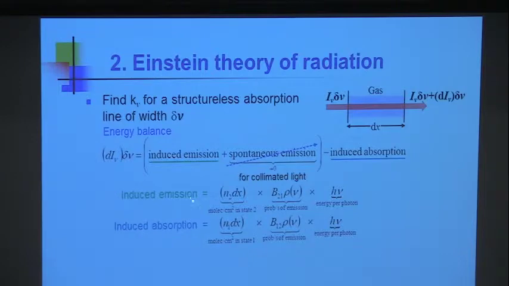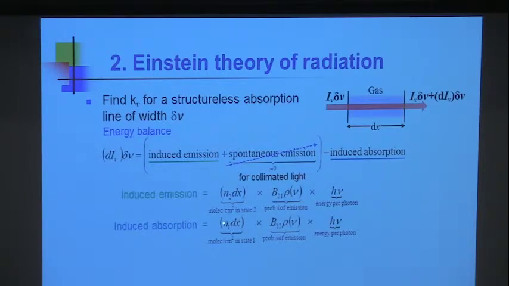I can look at the induced emission, and now use lowercase letters for the number per unit volume. Previously I used capital letters for the total number. So this is the number of molecules in level 2 at an instant in time. State 2, number per unit volume, times the path length dx, times the probability of emission in Einstein's system, times the energy per photon. So this is basically the number of photons per second times the energy per photon.